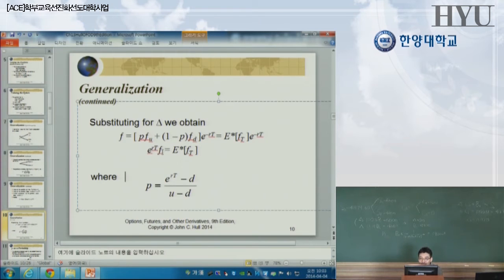Then F is the price of the derivative, okay? And then expected value of future derivative price is just risk-free rate multiplied by current derivative. So this is the kind of valuation that would happen if we all live in risk-neutral world.